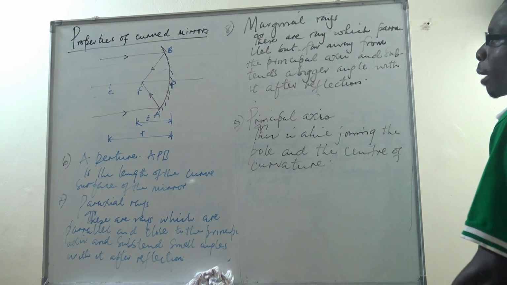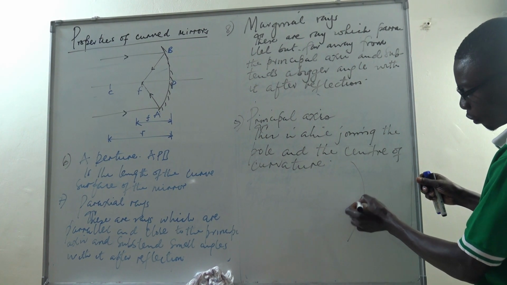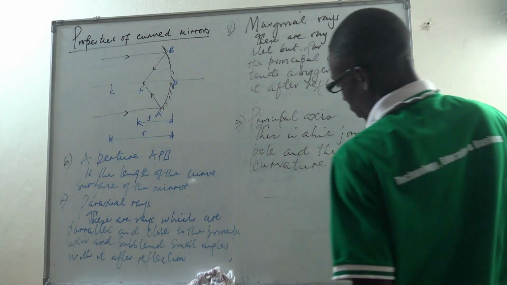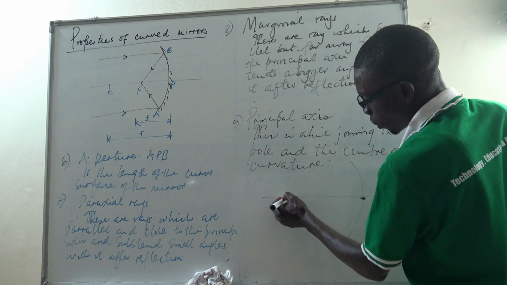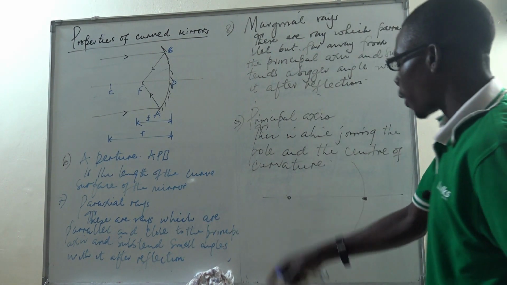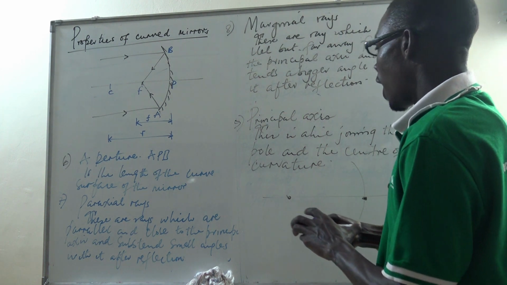So what we are calling the principal axis is that when I draw this, we said the pole is the midpoint of the curved surface, and then we said that our center of curvature is the center of the sphere of which the mirror is a part. So when I draw a line joining those 2 points, we give that line a name, principal axis.